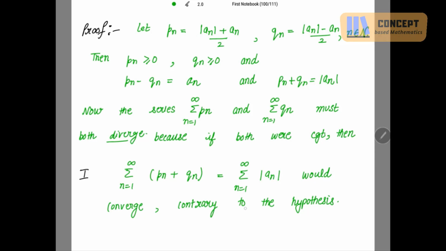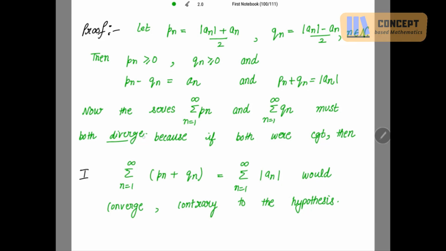But it is contrary to the hypothesis given to us that the series summation an is conditionally convergent, and a conditionally convergent series need not be absolutely convergent, right? So pn and qn must not converge. They must both diverge, because if they were convergent, we would get an absolutely convergent series, which is contrary to our hypothesis.